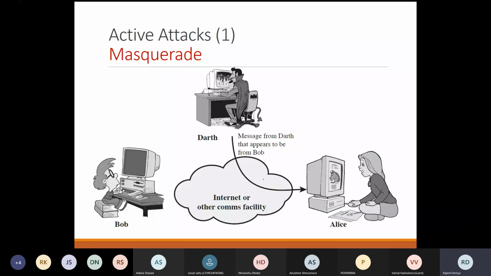So impersonation has been happening, where Darth appears to be Bob to Alice. Actually the message is being sent by Darth, but Alice is assuming that the messages are coming from Bob. This is an active attack, and we call it a masquerade.